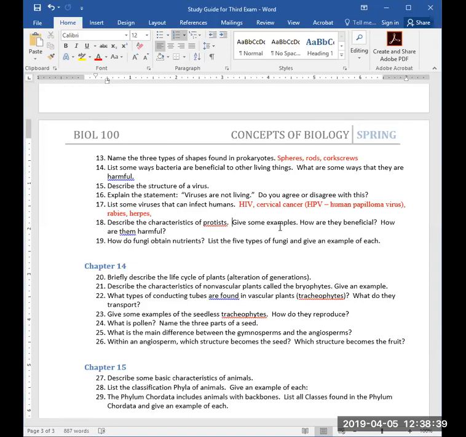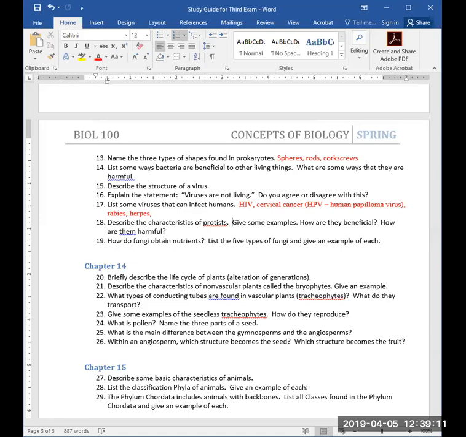Let's see what else. So most are single cell. There's lots of different ones. It asks how they're beneficial. So what are some beneficial ones? Algae. Algae are photosynthetic. They provide food and nutrients to other organisms.